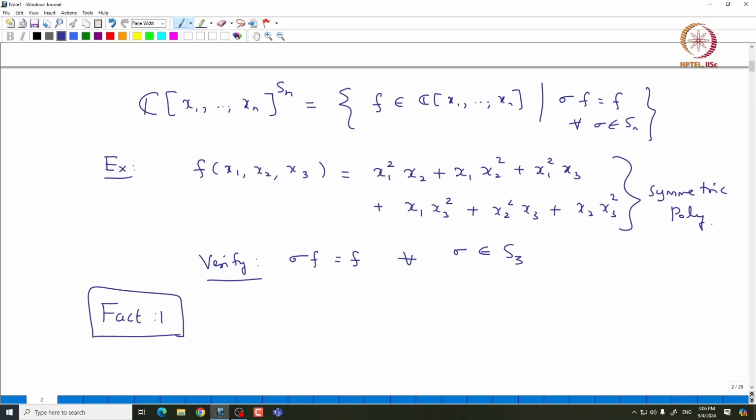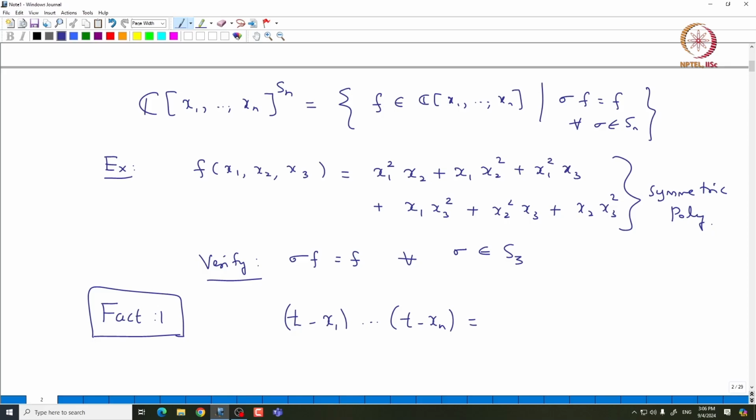One can define what are called the elementary symmetric polynomials. They are defined by taking the polynomial t minus x1 times etcetera times t minus xn. You can write this as a polynomial in t with coefficients coming from the polynomial algebra C[x1, etcetera, xn].